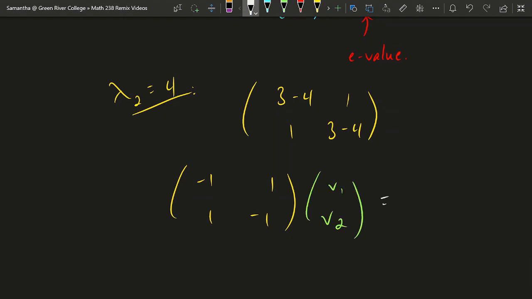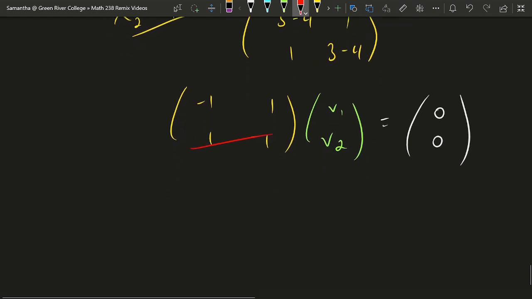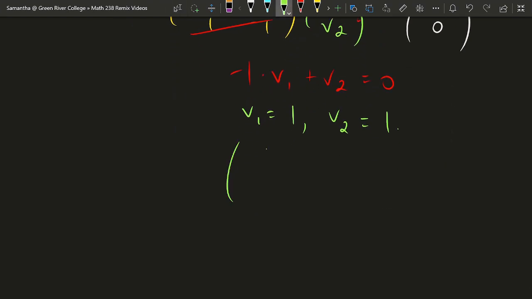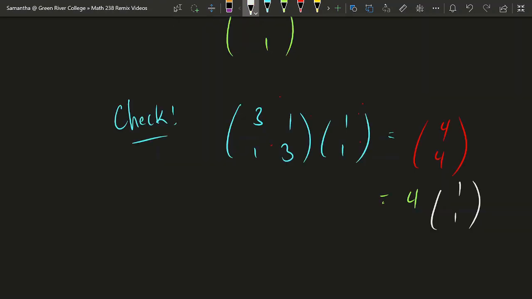I'm looking for a vector, which when multiplied by this matrix gives me 0. Because the bottom row is redundant of the first one, all I really care about is row number 1. And this equation can be solved by setting v1 equal to 1 and forcing v2 to compensate. So the eigenvector corresponding to the eigenvalue of 4 is 1 comma 1.